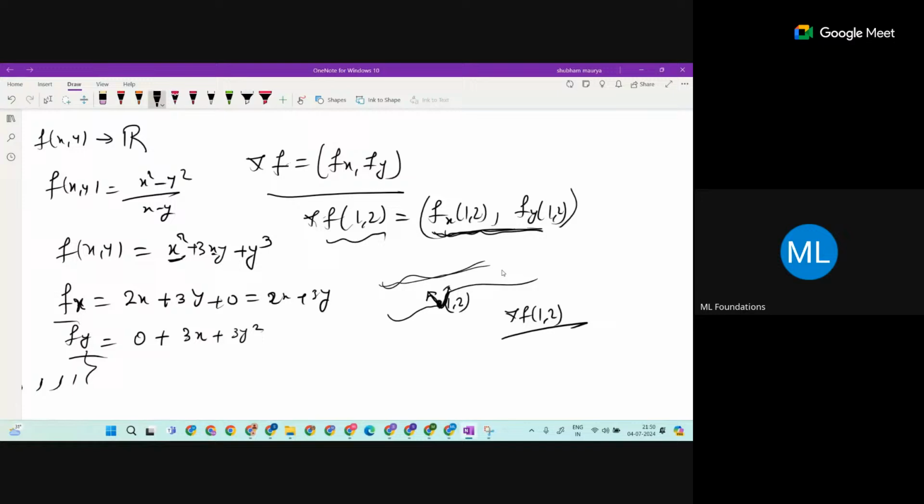And the steepest descent is the direction of the negative of the gradient at that point. This is ascent, and this is descent.